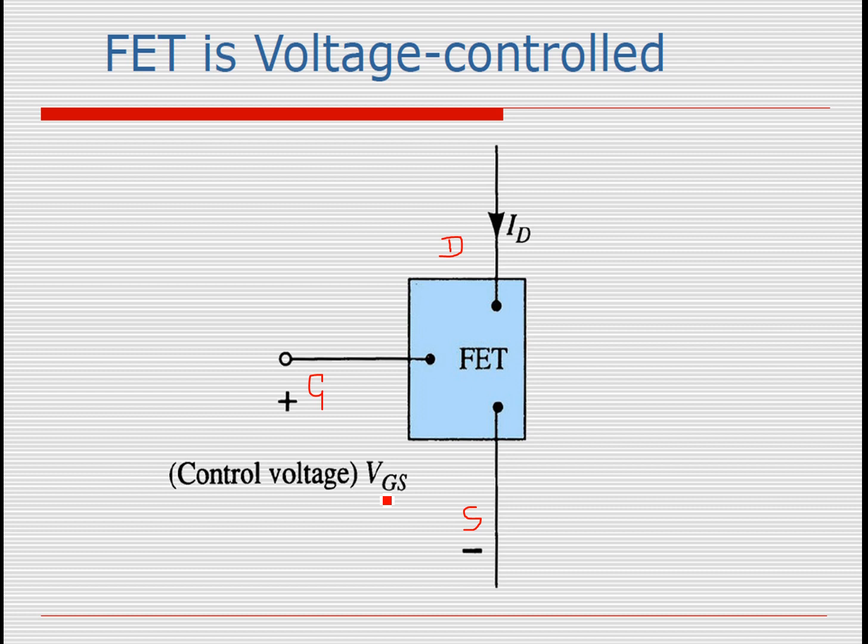But FET is a unipolar device because current is carried by only one type of charge particle, either electrons or holes. That is the main difference between FET and BJT.